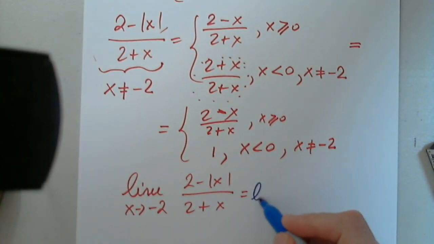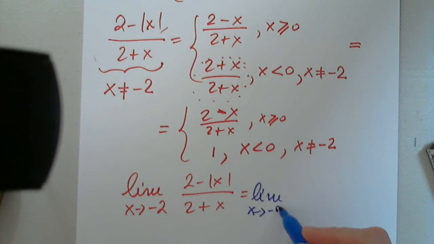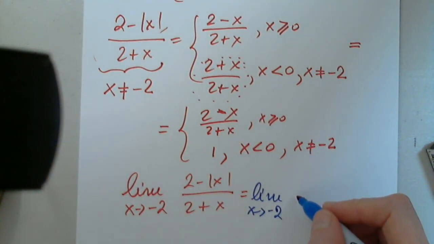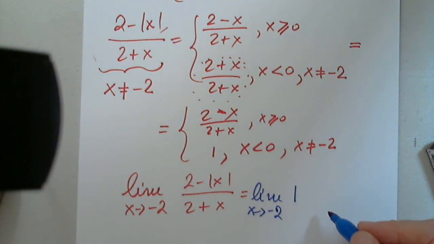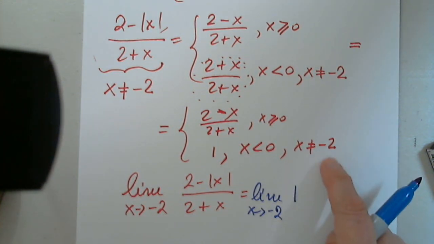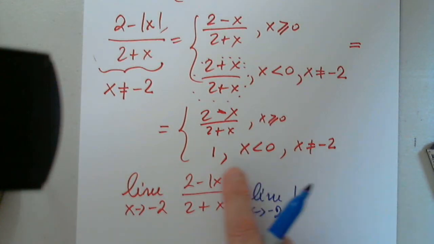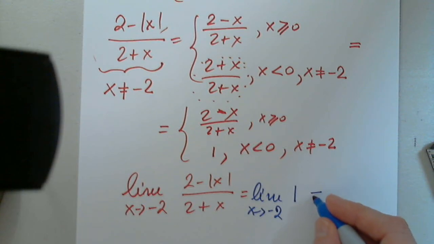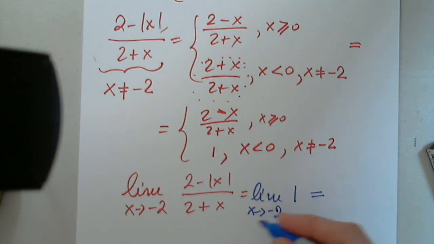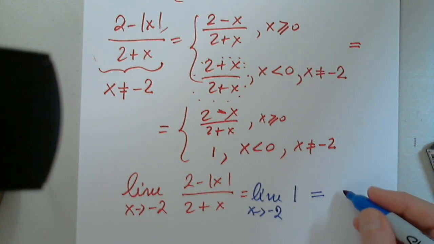Bottom. Good. So then the limit as x approaches negative 2, this piece will be replaced by 1, exactly, because that's the simplified form when x approaches negative 2 from either side. It's 1. So then what is the final answer? Nobody cares where x is going when it comes to a constant. 1. Exactly.